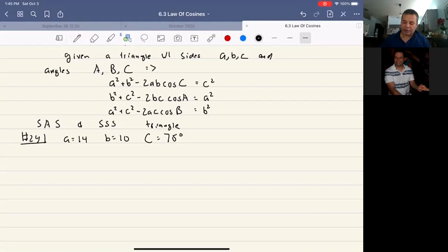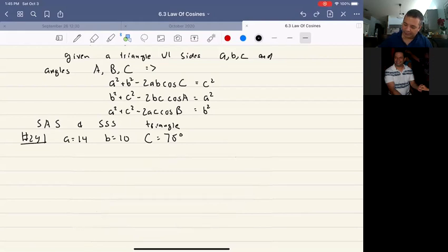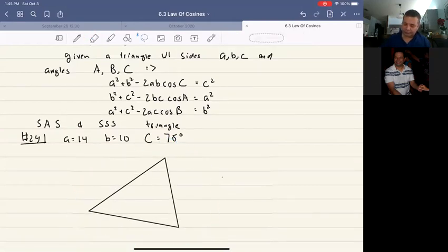If I draw that triangle, A here, B here, then our 75-degree angle is here.